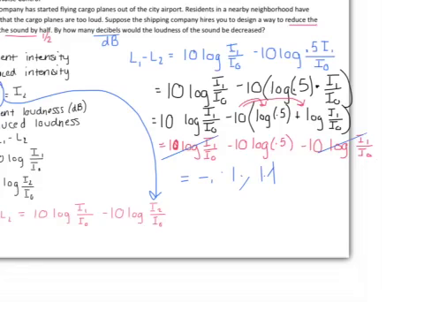It should be close to a whole number. So about how many decibels difference is it? 3. About 3 decibels is the reduction. So that is your answer.